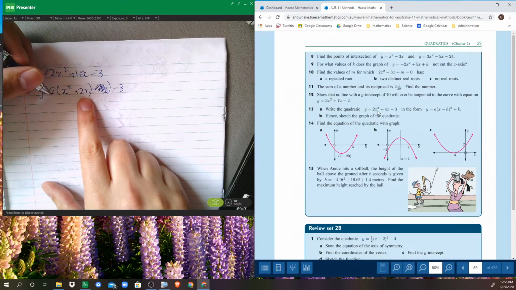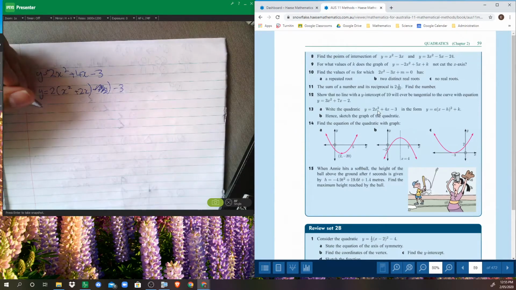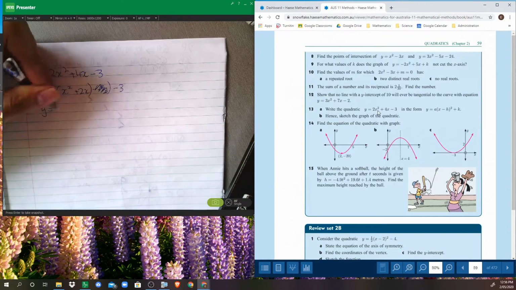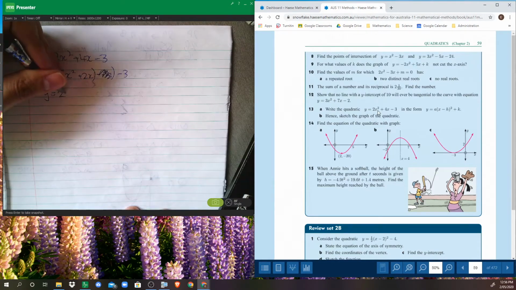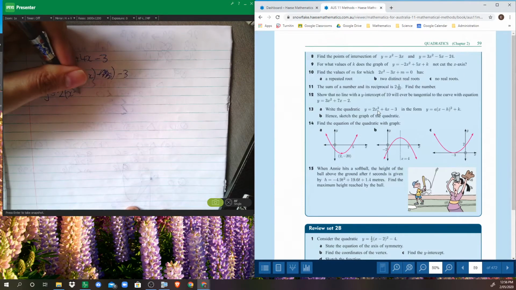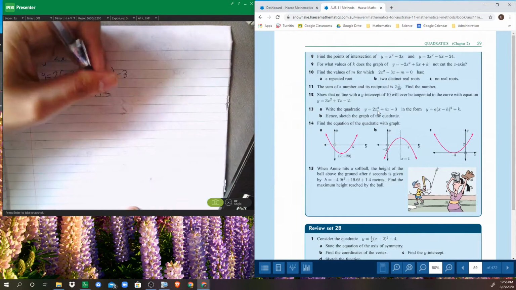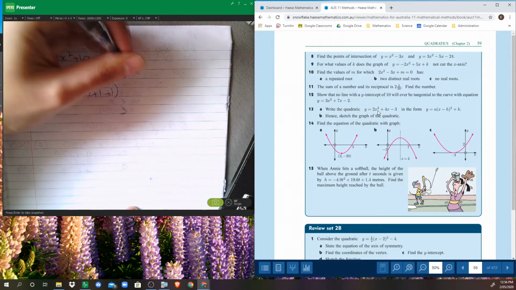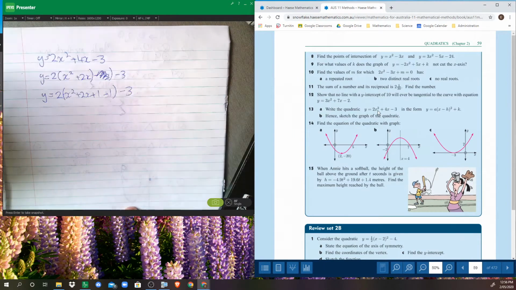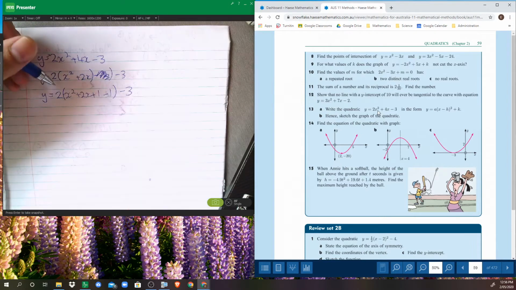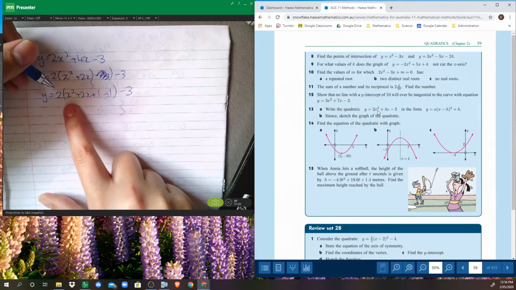So I just want to complete this. All right. y equals 2x squared plus 2x. Now, if I add 1, that's fine. But I also have the minus 1. Okay. And keep that minus 3 out there. So I'm going to complete the square with these 3 terms.